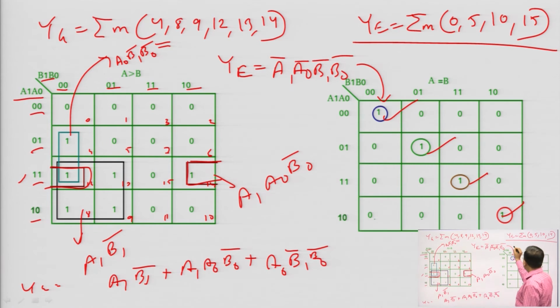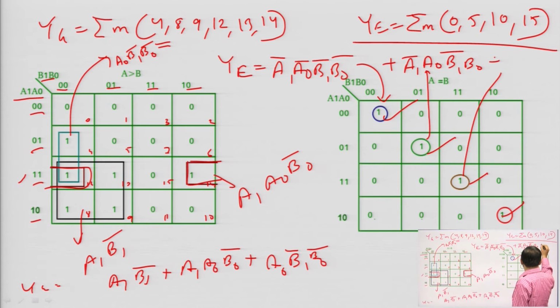Okay. Now, the next is A1 bar A0 B1 bar B0. So, this is nothing but this one. Okay. This one will be A1 A0 B1 B0. Okay.